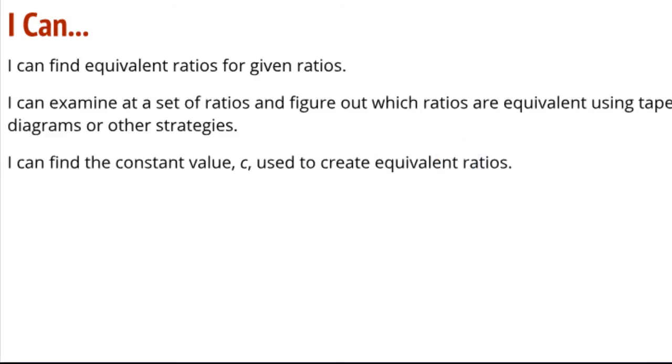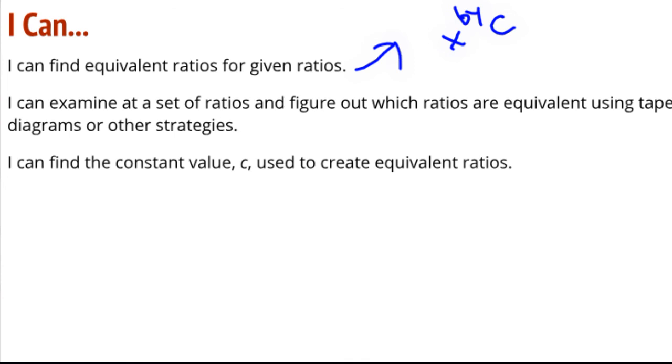All right, so I can statements. Hopefully you're feeling pretty comfortable now with finding equivalent ratios for given ratios. In particular, we're multiplying by little c. We'll talk more about the division thing later. Examine a set of ratios and figure out which ratios are equivalent using tape diagrams or other strategies.